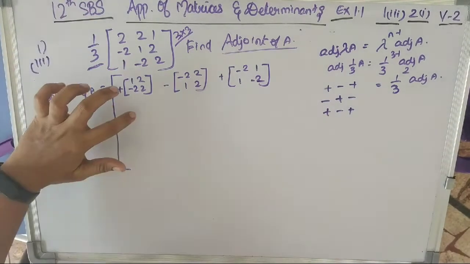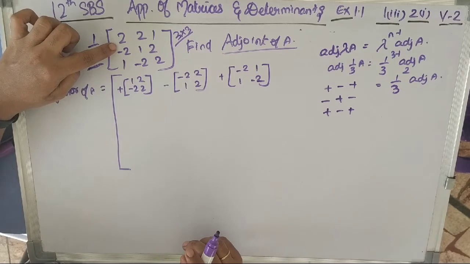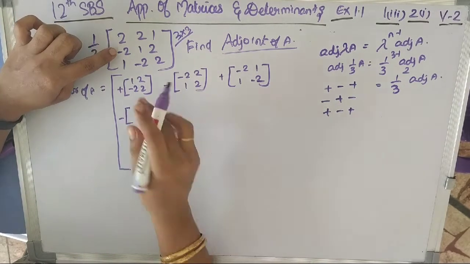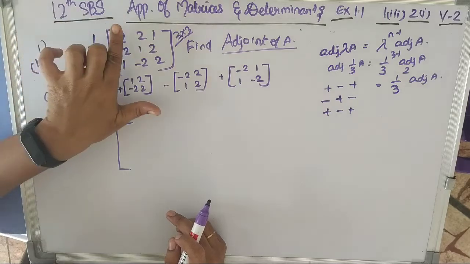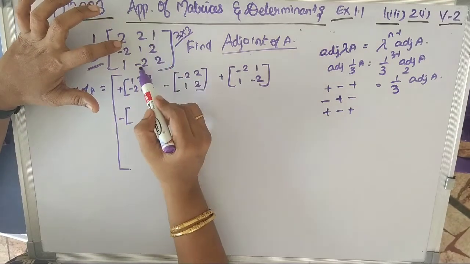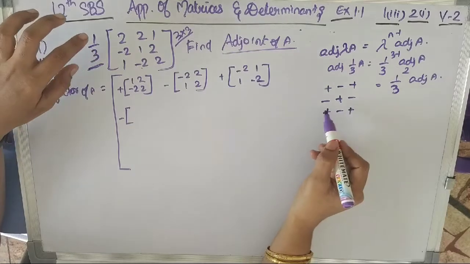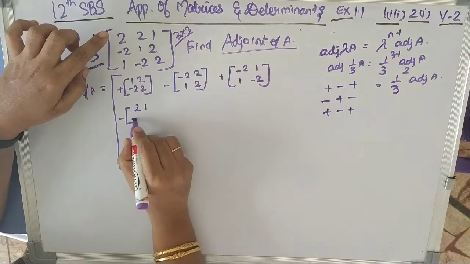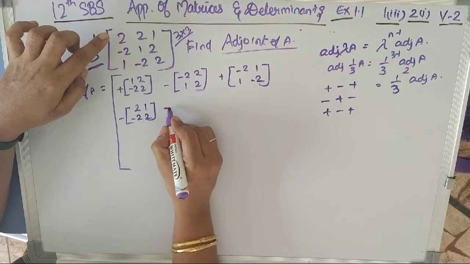Clear? Now we have to find the cofactor of minus 2. First we write the sign convention for that place: minus of. Now where is minus 2? It is in row 2 and column 1. I am going to eliminate that row 2 and column 1 and write the remaining elements: 2, 1, minus 2, 2.